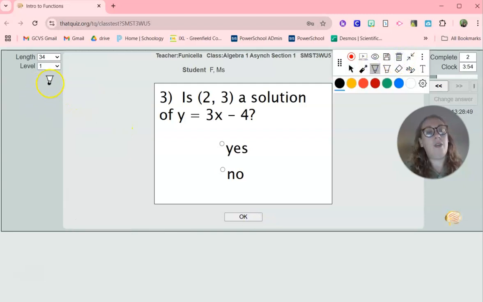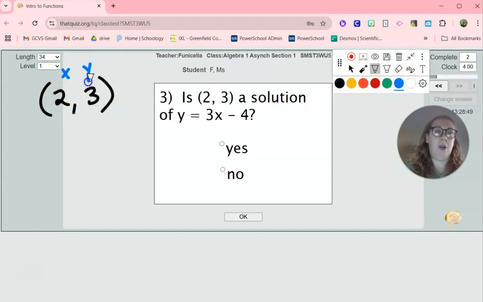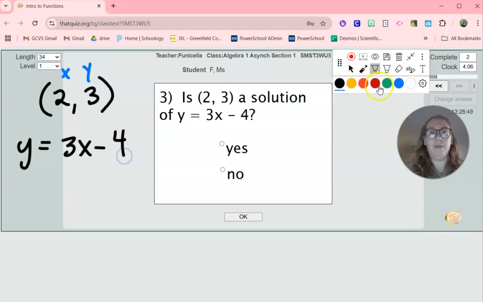Slide 3, we have this coordinate (2, 3). Here's our x. Here's our y. So we have a new rule. This rule is 3 times the x minus 4. So we take our x value, multiply it by 3, and then subtract 4. And we're wondering, after you do that, do we end up with this number 3 as our output?